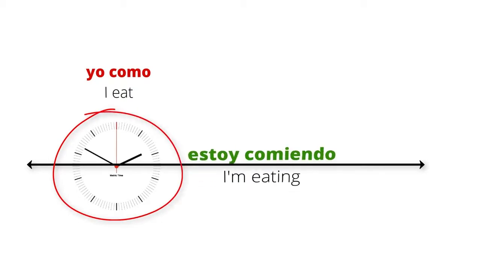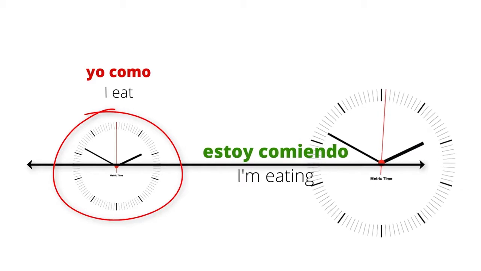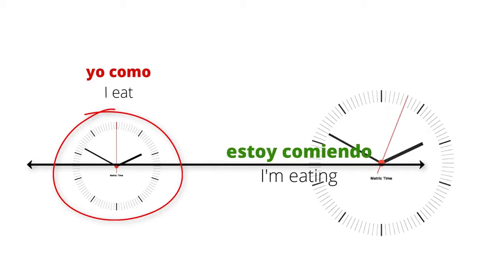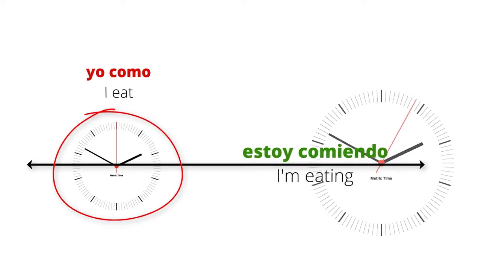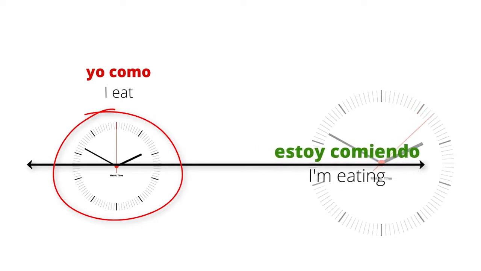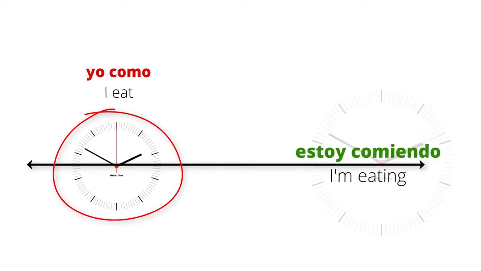But estoy comiendo means I'm eating. Now this conjugation tells me something different. Yes, it's happening in the present tense, but the conjugation, comiendo, or estoy comiendo, eating, reflects an action that's occurring through time, and it's passing through time. So whereas yo como reflects me looking at an event from the outside, here's me, here's what I do, estoy comiendo kind of puts me in the action as if I'm looking at it as it's happening or as it passes through time.